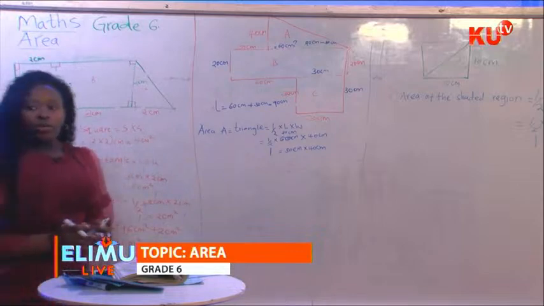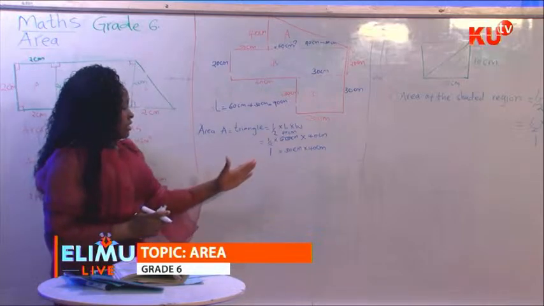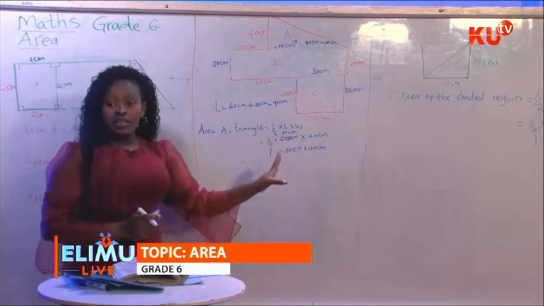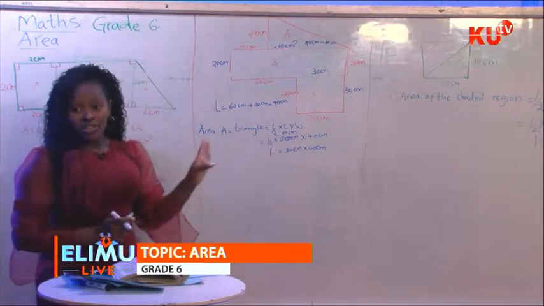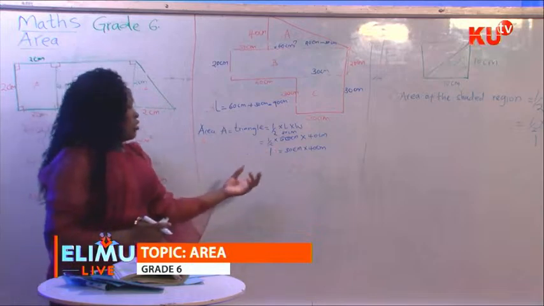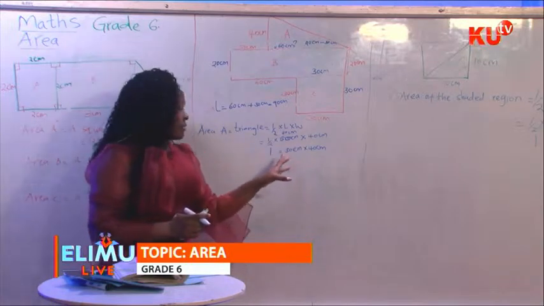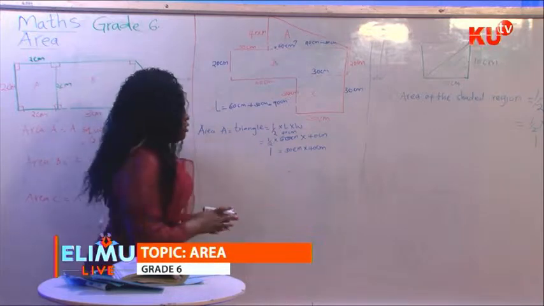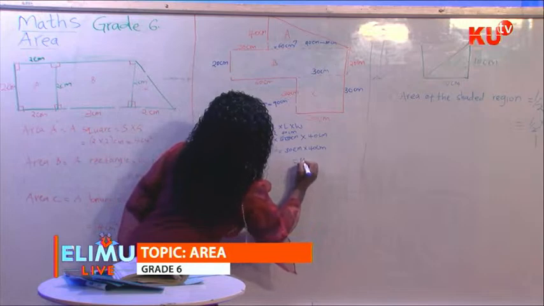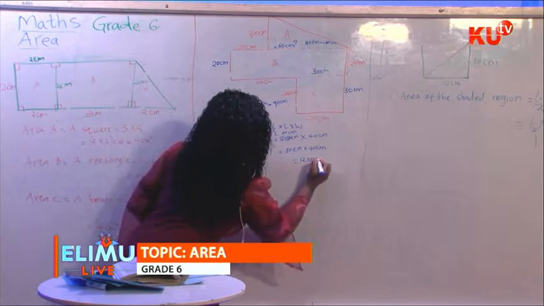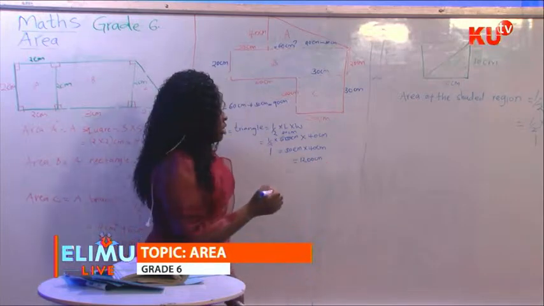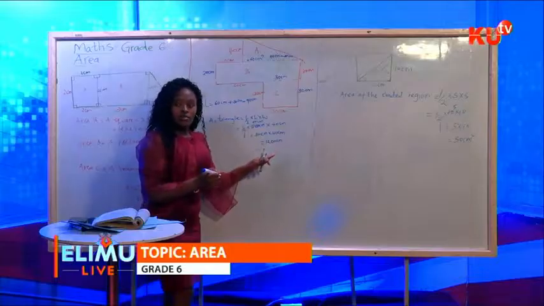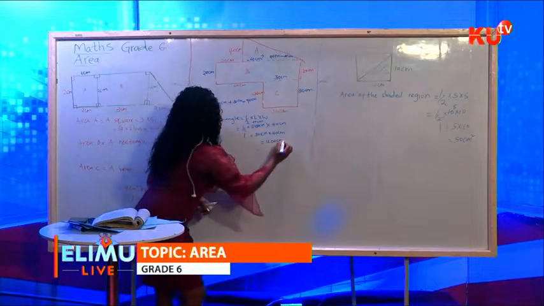Just as we said, when we are multiplying numbers that have zeros, we multiply the numbers and then we add the 2 zeros. So we have 3 multiplied by 4, which is equal to 12, and then we add the 2 zeros, which will be 1,200 centimeter squared.